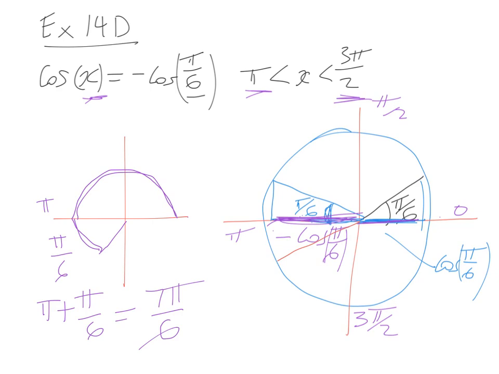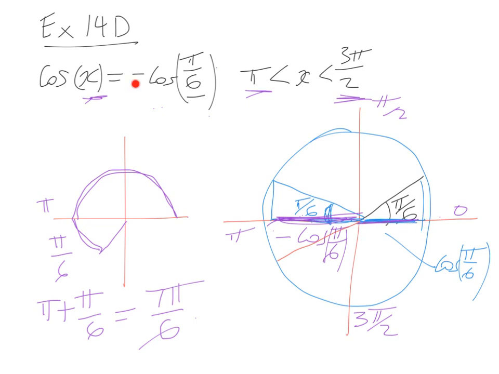Now if we were to find cos of 7 pi on 6, that would be equal to the negative cos of pi on 6. Working that out, you get the same answer. So just to reiterate that, we identify this angle, we find out where it is. It tells us cos of that angle, which is this distance here.